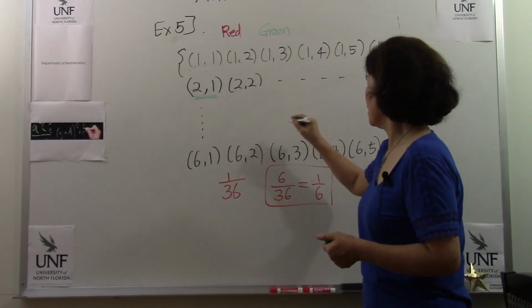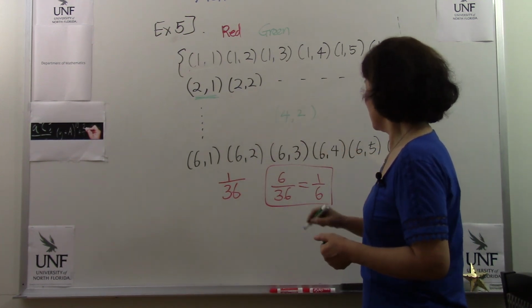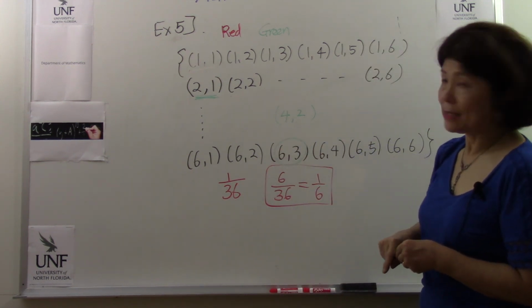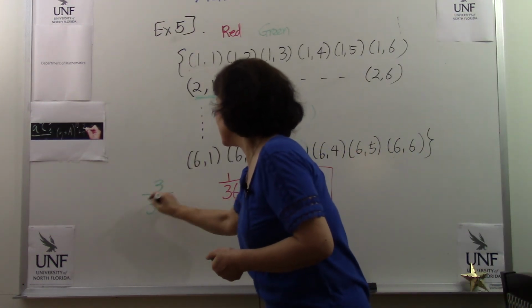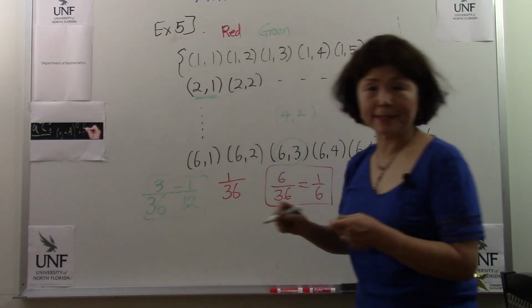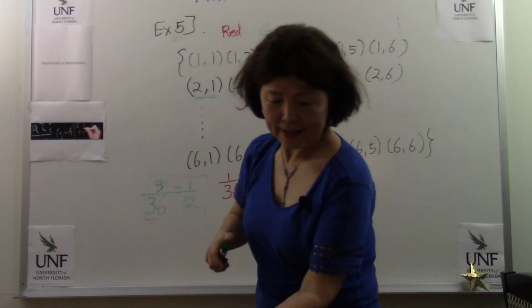What else would be? 4 2, and 6 3. There are only 3 cases like this. Therefore, 3 over 36. That is 1/12, the answer. Okay, let's continue.